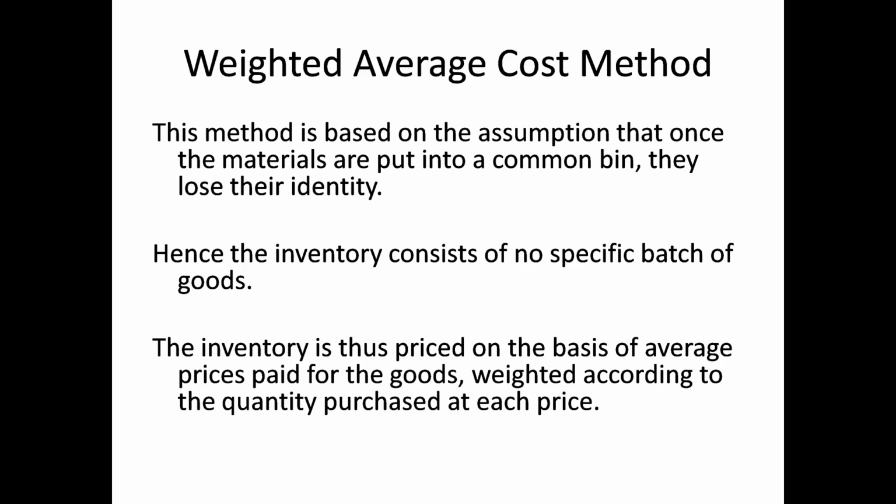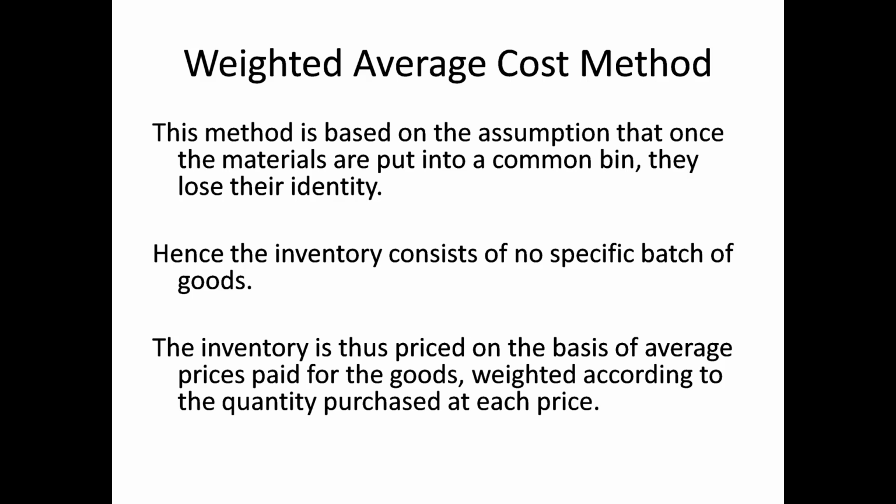So when you are going to issue inventories, we assume that we don't have any specific prices and inventories are not categorized according to dates or according to specific batches. So when you are going to record the issue price, we take the weighted average price.